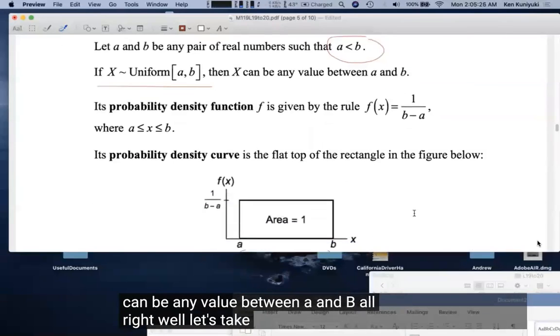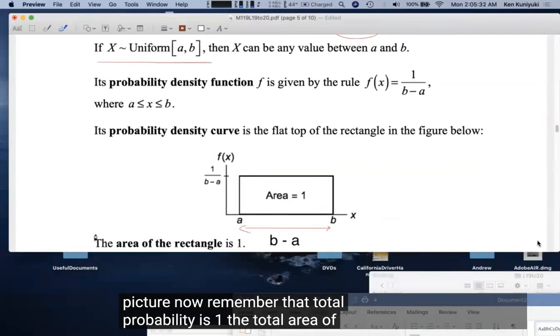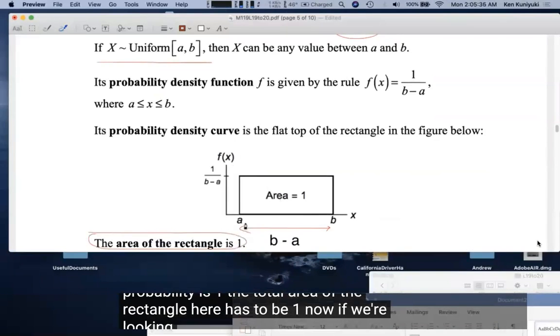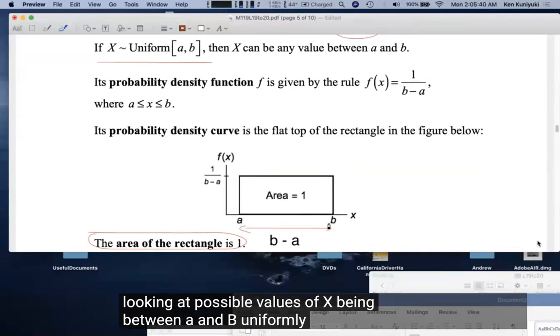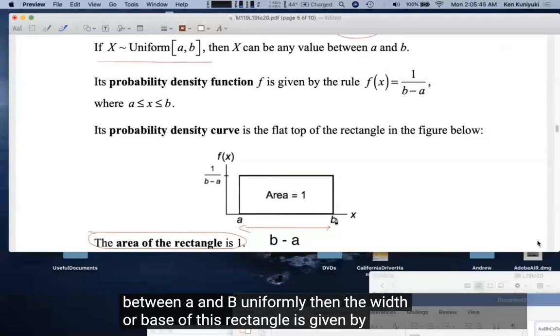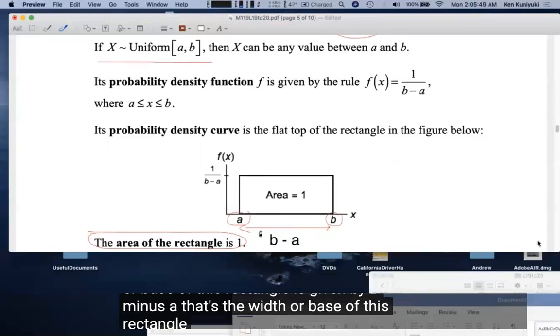All right, well, let's take a look at this picture. Now remember that total probability is 1. The total area of the rectangle here has to be 1. Now, if we're looking at possible values of X being between A and B uniformly, then the width or base of this rectangle is given by B minus A. That's the width or base of this rectangle.